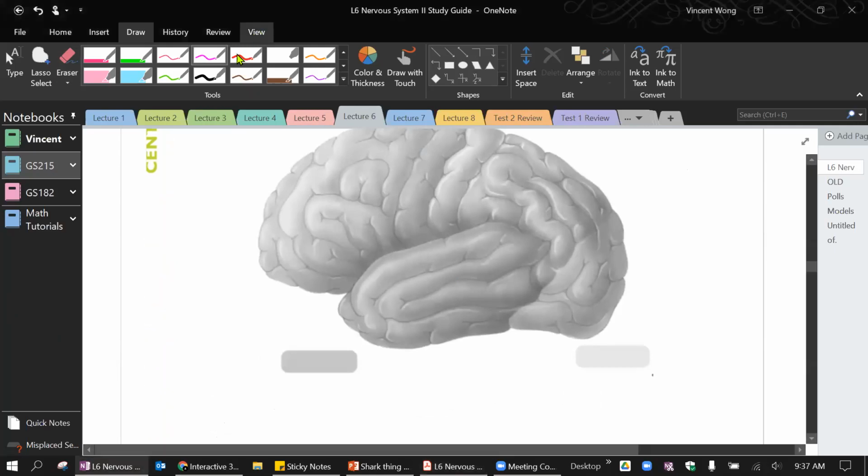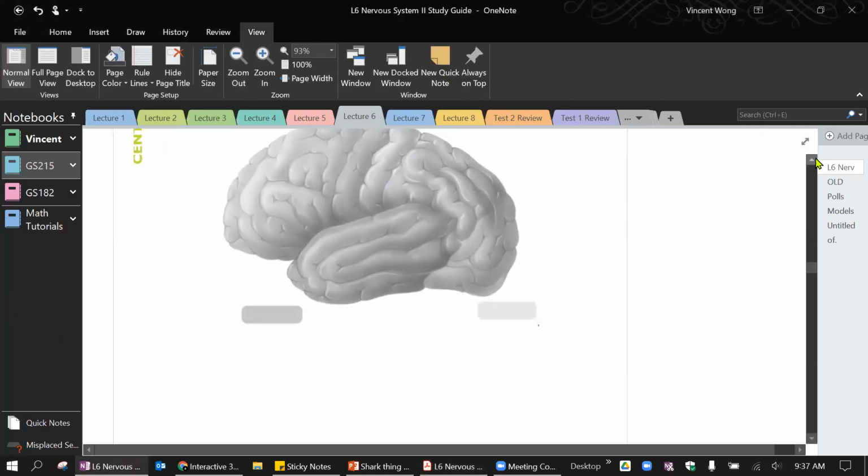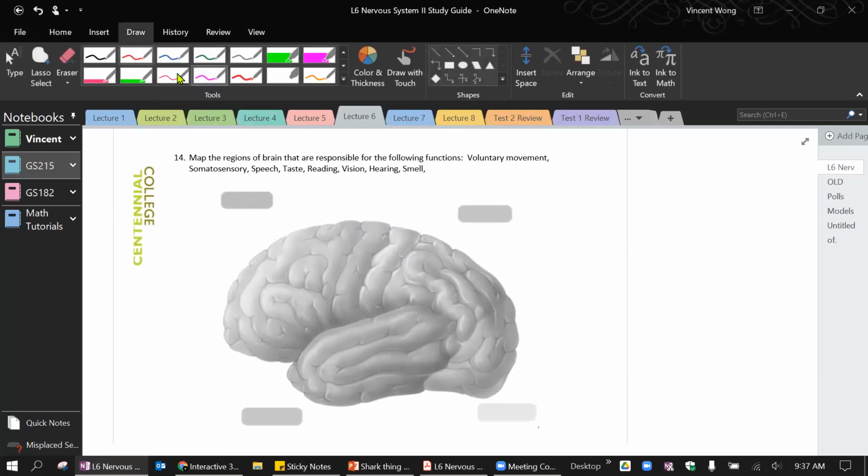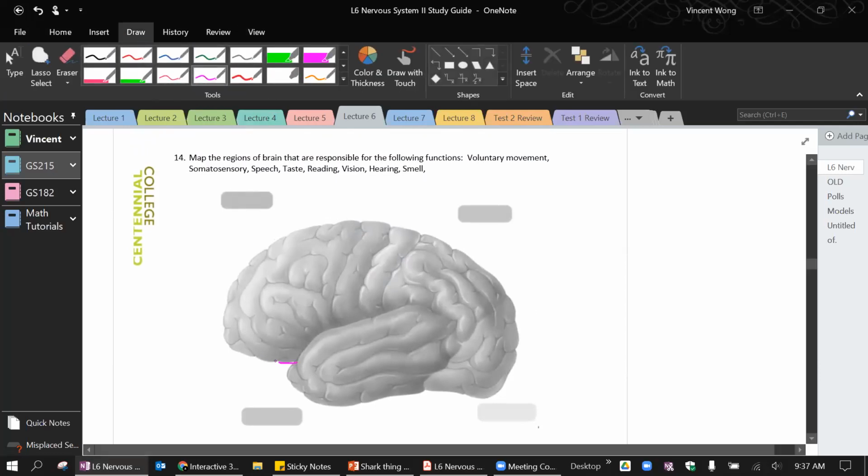So let's map this brain out. All right, let's define the lobes first. Over here, this is going to be the frontal lobe.